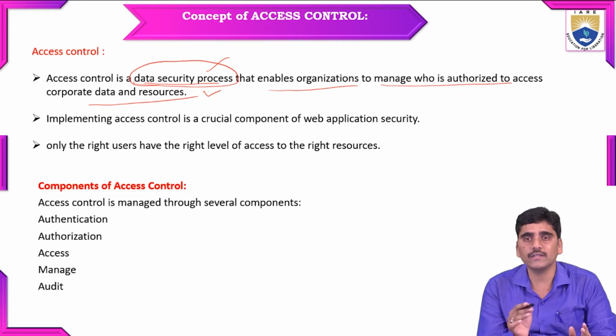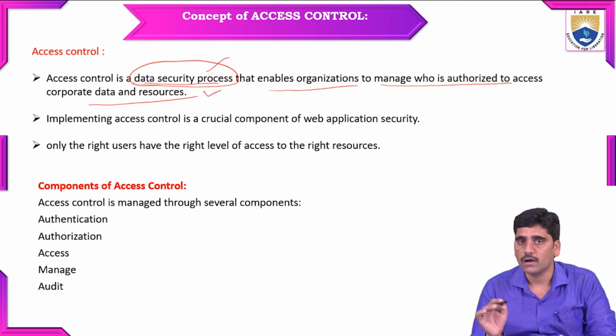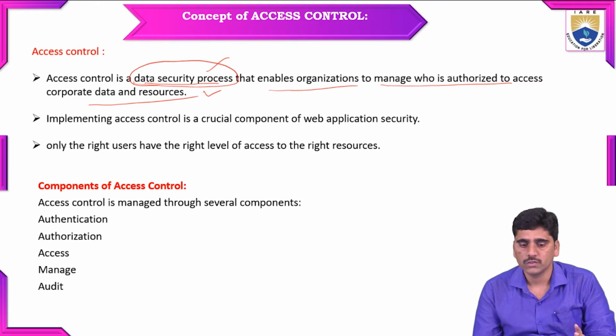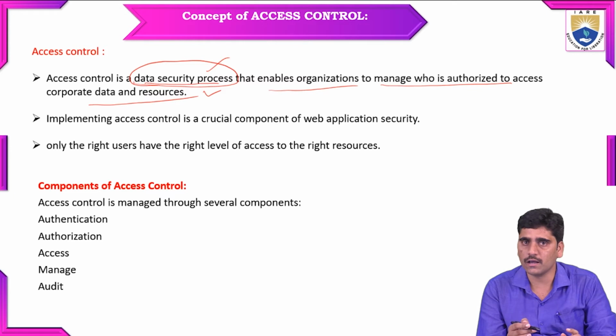Access control is a data security process that enables organizations to manage who is authorized to access the corporate data or resources, whatever it may be. If he wants to access data from the network or from the system, he must be an authorized person for that system or for that network, so that he is able to access it.